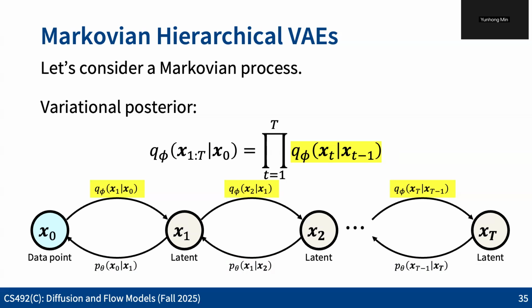Otherwise, when you define xt to depend on all the previous states, this will become much more complex. So now we are simplifying the whole process, in that xt is sampled only from xt minus 1 without seeing any of the previous states. This makes the whole process much simpler. Without the Markov assumption, this transition distribution would not sample xt only from xt minus 1, but from all the other previous states.